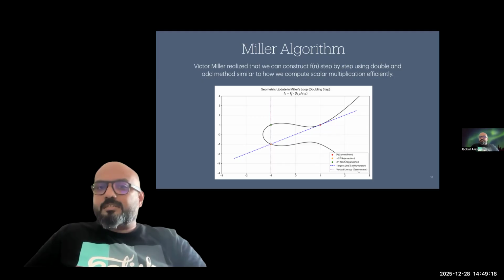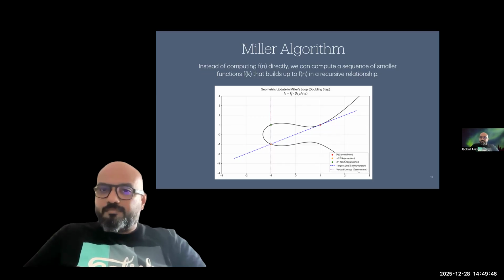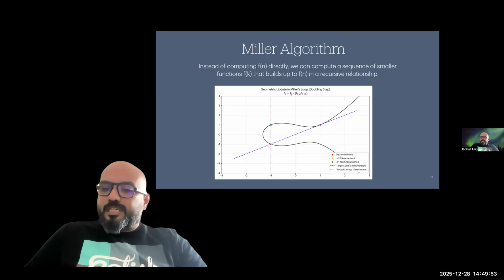Victor Miller realized that we can construct the function f_n step by step using the double and add method, similar to how you compute scalar multiplication efficiently. So this method, doubling and adding in an iterative way, is what Victor Miller implemented. Instead of computing f_n directly, we can compute a sequence of smaller functions, f_k, that build up f_n in a recursive relation.